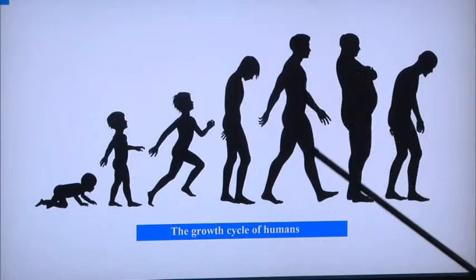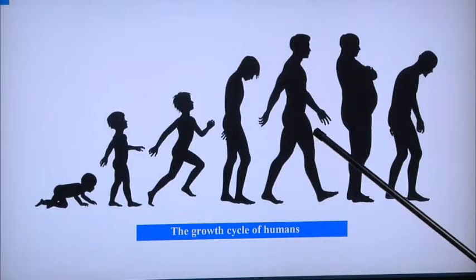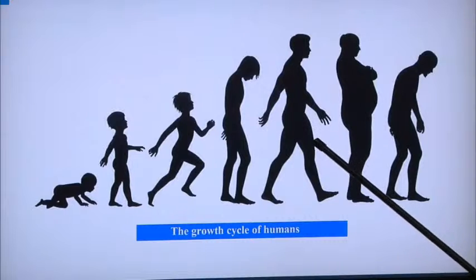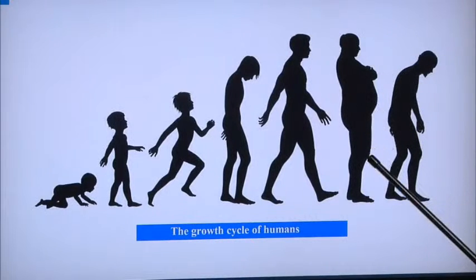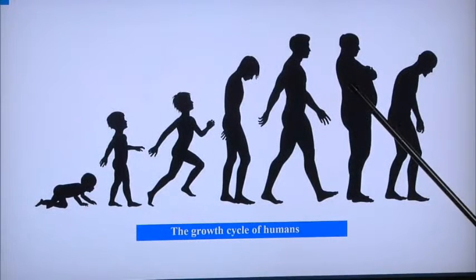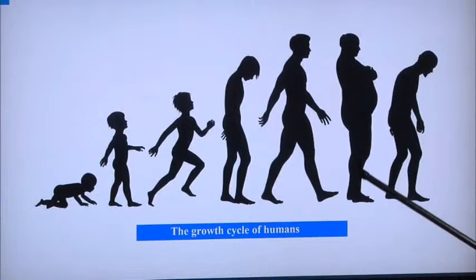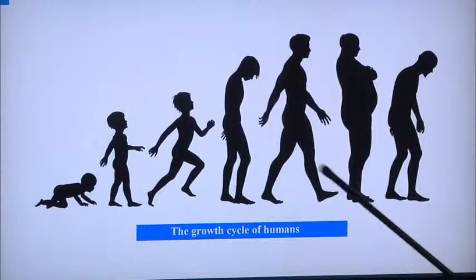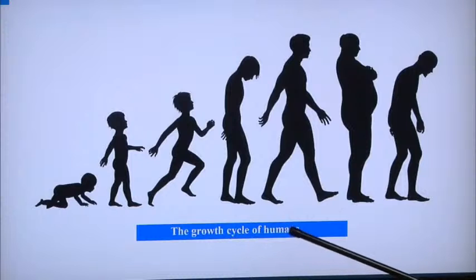You continue growing in body and in strength, and you become an adult. From the adult stage, as you eat, you grow, you become an old person. So this is how human beings grow. So the growth cycle of humans.